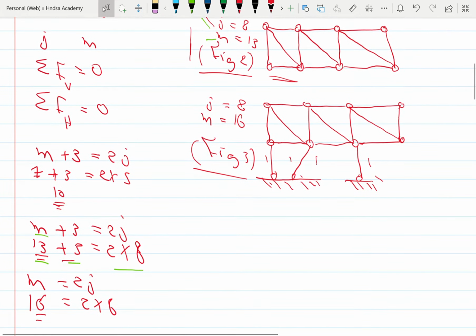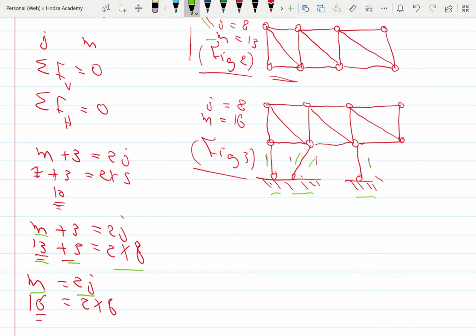In another case, if your truss is on a base like this one in figure 3, you use this formula: m equals 2j. So the number of members equals 2 times the number of joints. But in this case, you include these beams.